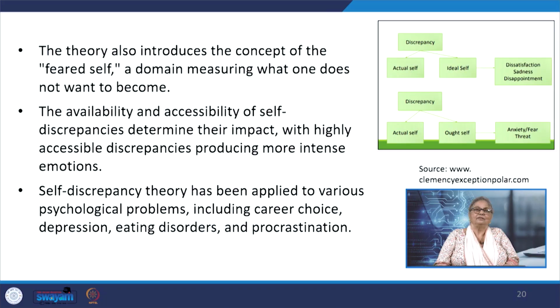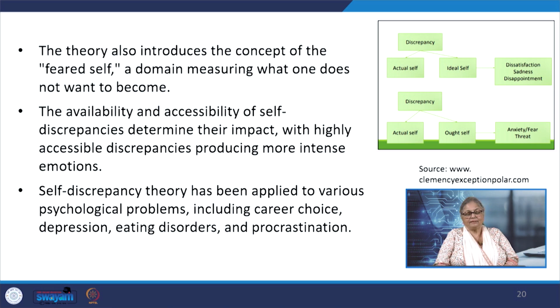Higgins' theory also introduces the concept of the feared self, a domain measuring what one does not want to become. The availability and accessibility of self discrepancies determine their impact, with highly accessible discrepancies producing more intense emotions.